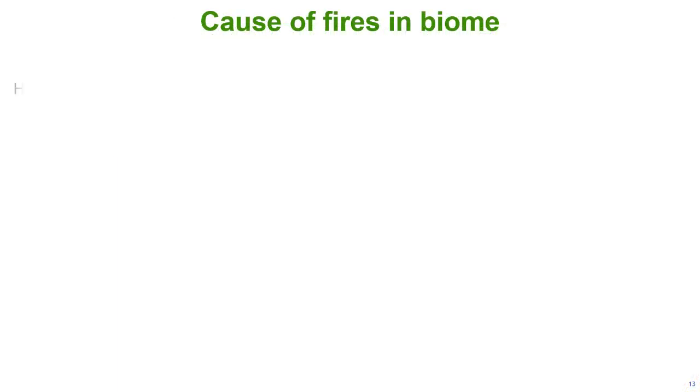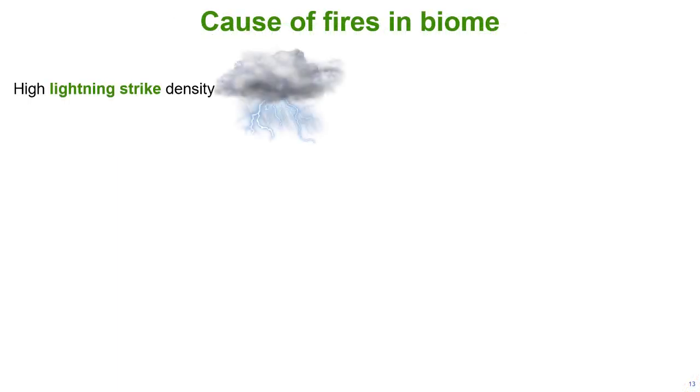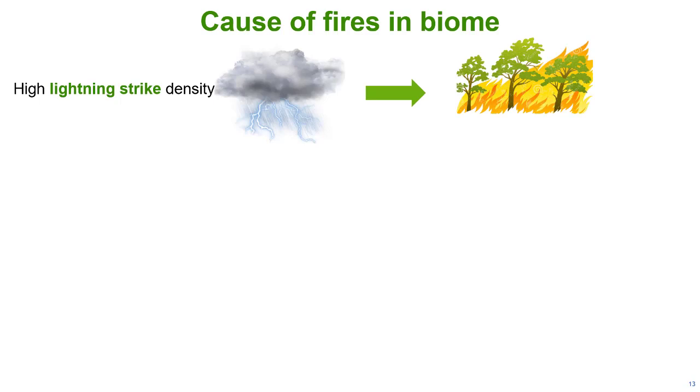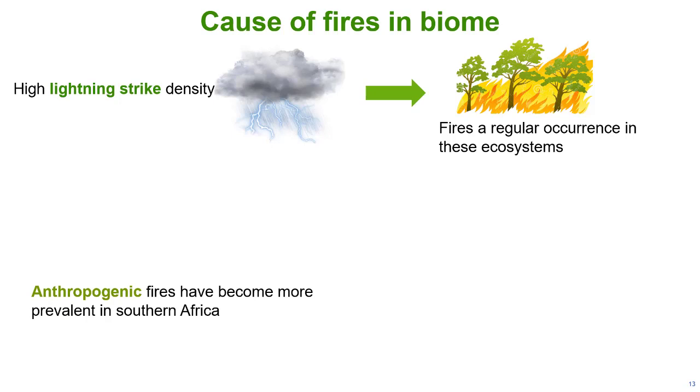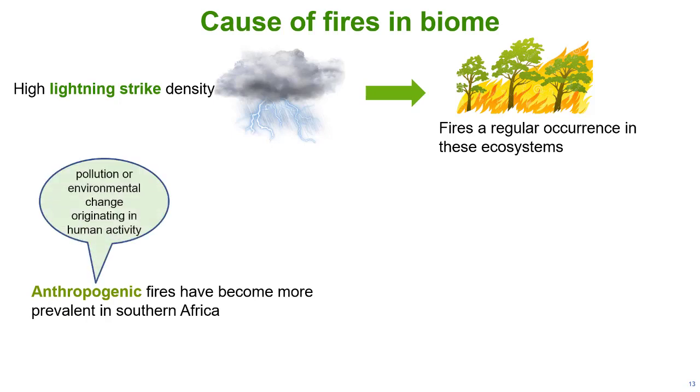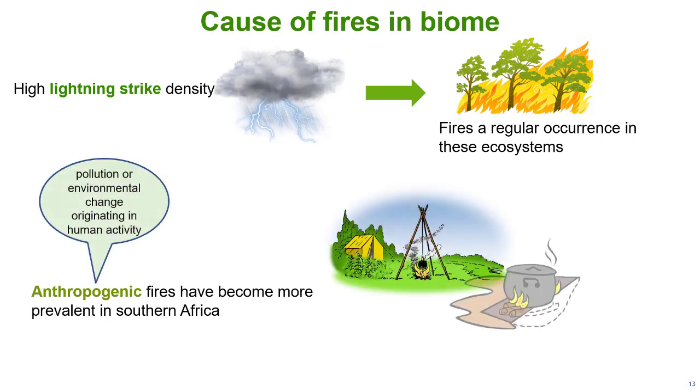The grassland biome of Southern Africa has a high lightning strike density, making the incidence of fire a regular occurrence in these ecosystems. Although fires are naturally caused by lightning strikes and, in rare instances, by rock falls, anthropogenic fires have become more prevalent in Southern Africa.